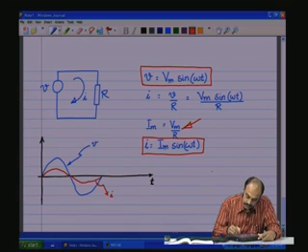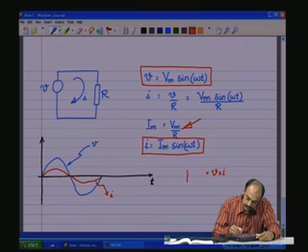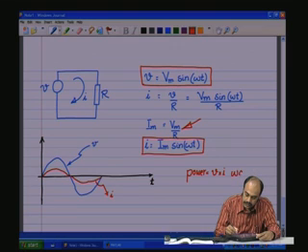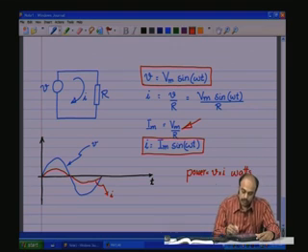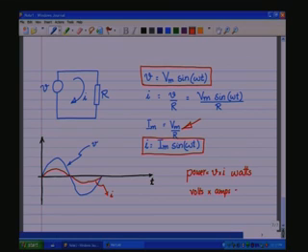Now, what is V into I? The voltage into the current is going to be the power P, and that has units of watts. Volts into amps is watts, the power. So, instantaneously you take the voltage at that point of time, the current at that point of time, multiply, and then you plot the power waveform.